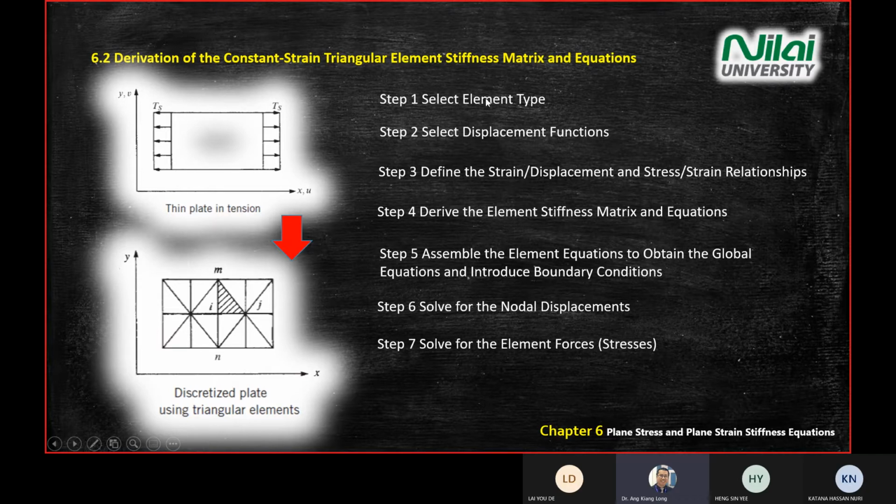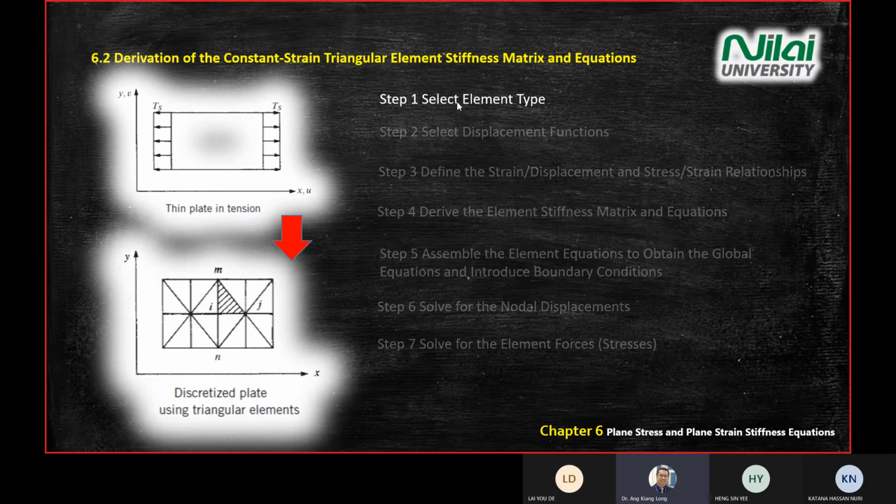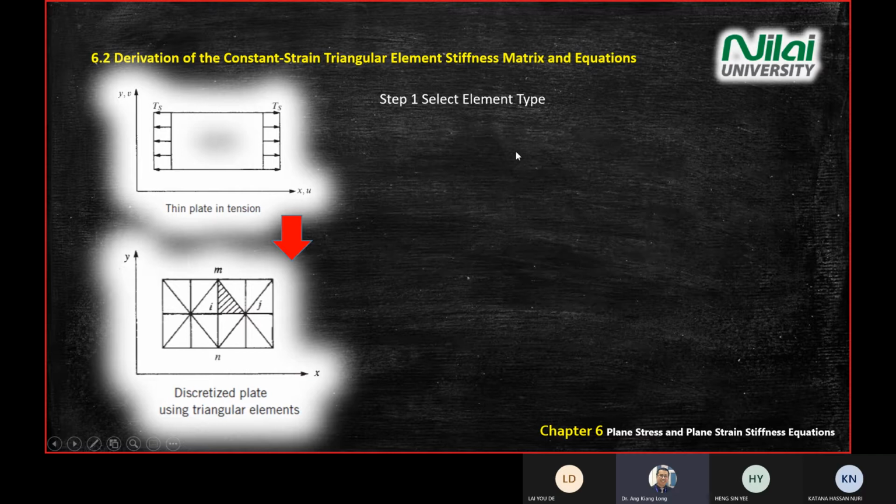Okay. If you look at the textbook, step 1 to step 7, it will be around 5 to 6 pages. So I already simplified it into one slide here. So as long as you can remember step 1 do what, step 2 do what, until step 7, then you are fine for this chapter. Okay. All right. Let's look at this example and then see what we can do.